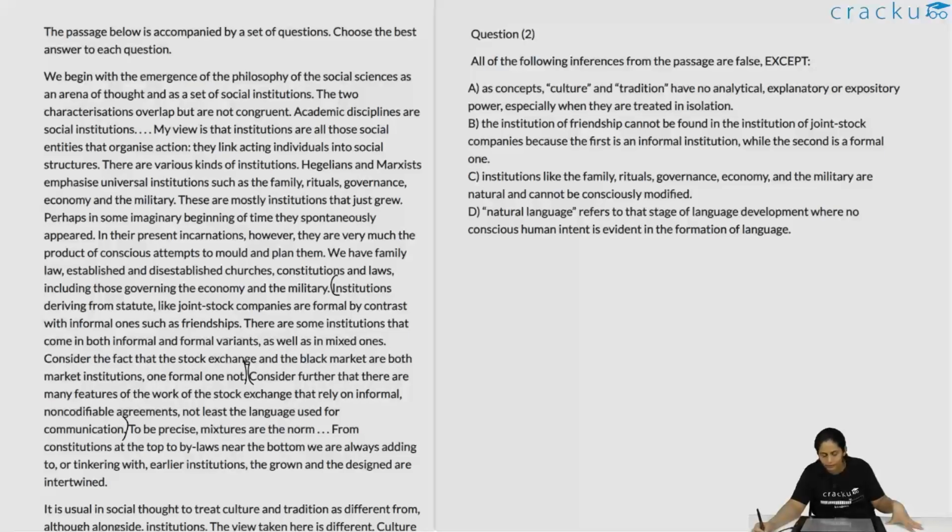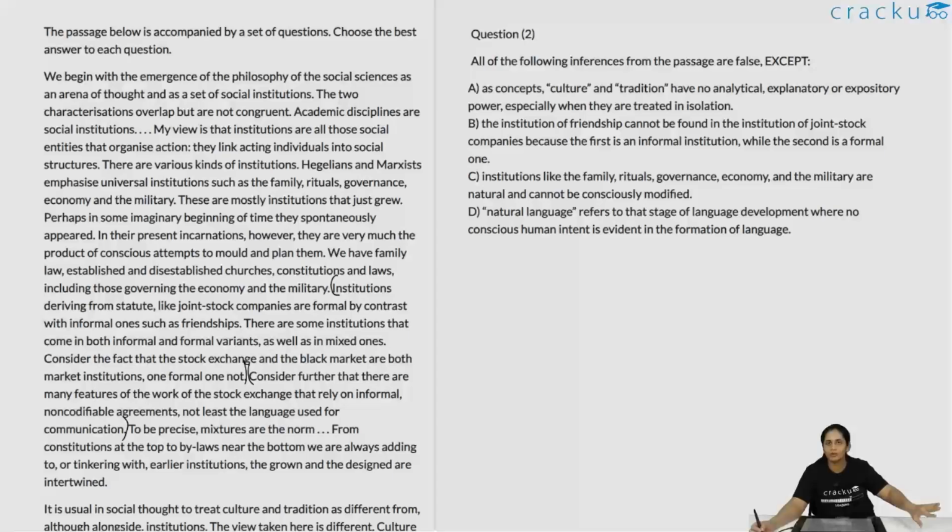All of the following inferences from the passage are false except: as concepts, culture and tradition have no analytical, explanatory and expository power, especially when they are treated in isolation. This is the opposite of what is given. He says that you consider them separate from institutions only for expository or analytical reasons. You consider culture separate or tradition separate so that you understand them.